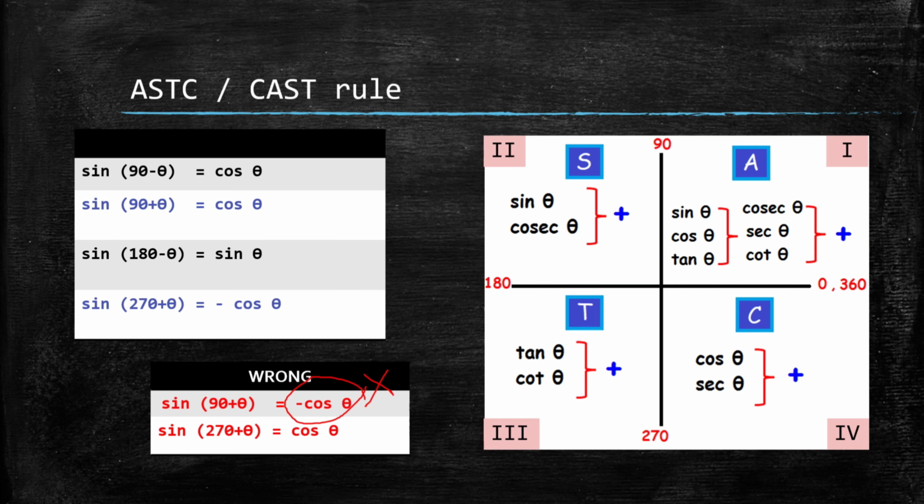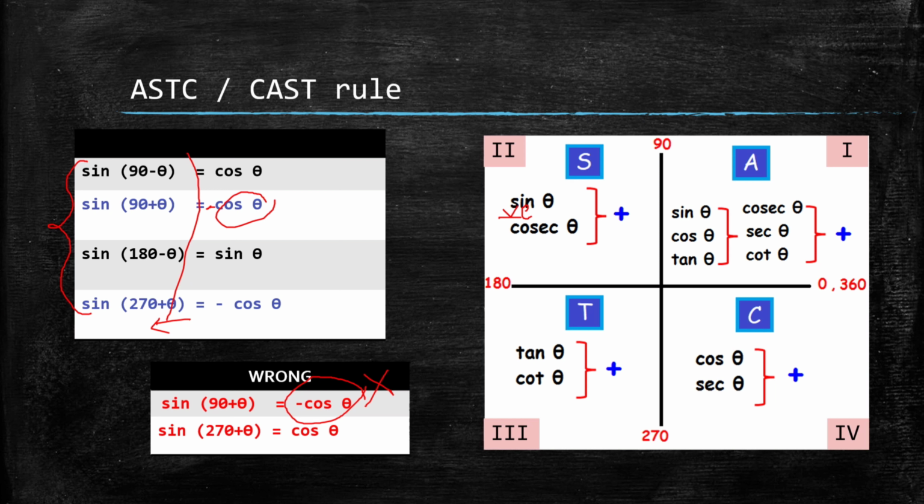We have to compare the trigonometric ratios which are given, that means which are on the left hand side, not on the right hand side. They will think that this cos theta is negative in this quadrant and they will write it as minus cos theta, which is absolutely wrong.